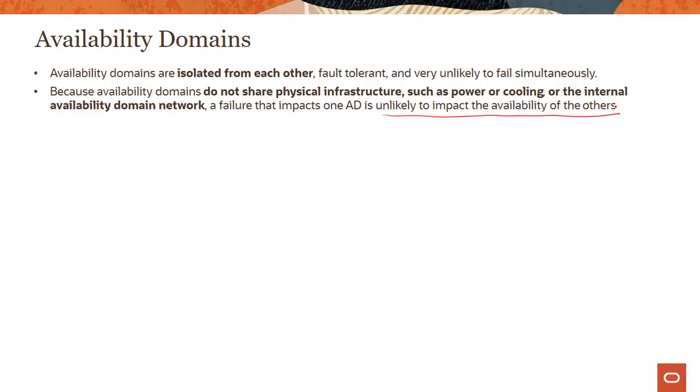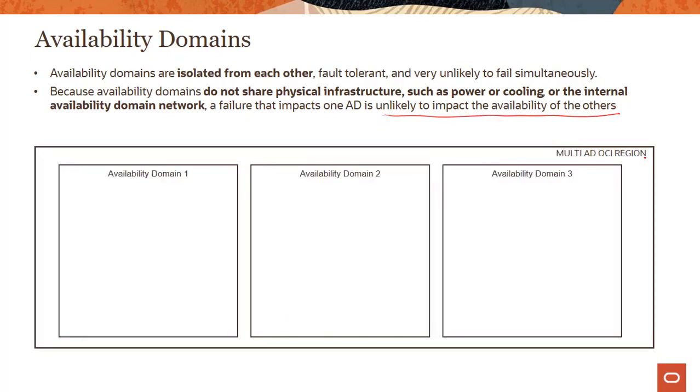So what do I mean by that? Well, if you look at the region here, this particular region is a multi-AD region, and you have three ADs as we talked about. So AD1, AD2, AD3. If AD1 is unavailable for some reason, your AD2 and AD3 are still operational. This might happen because, let's say, there is a power failure in that whole AD.